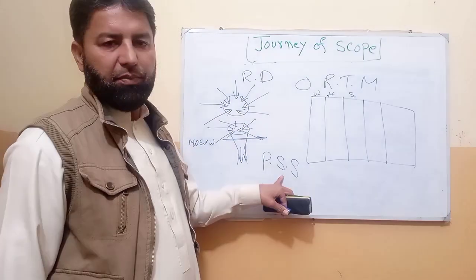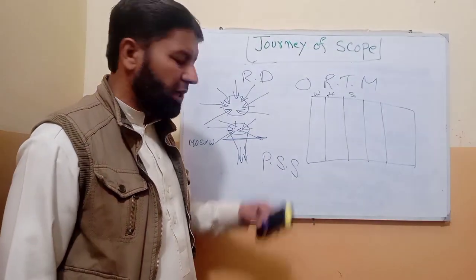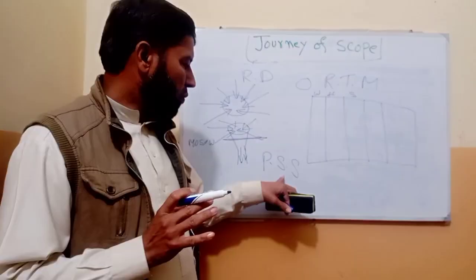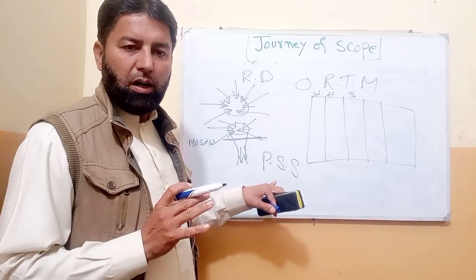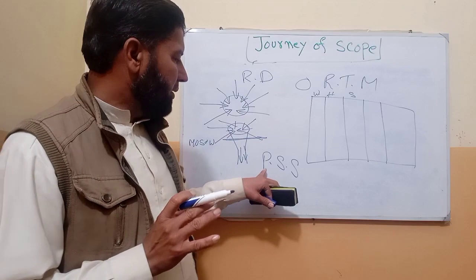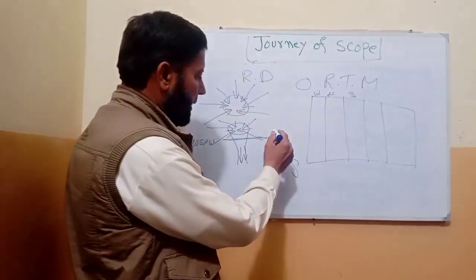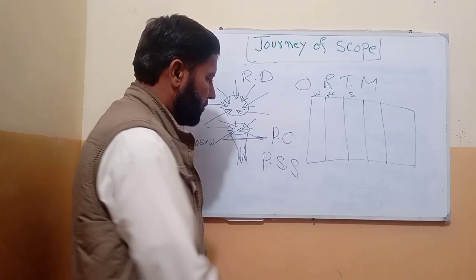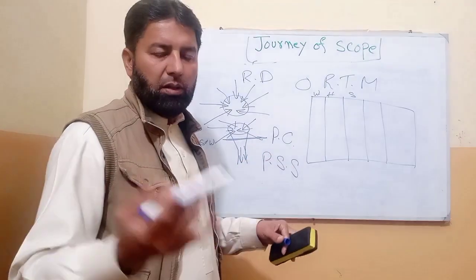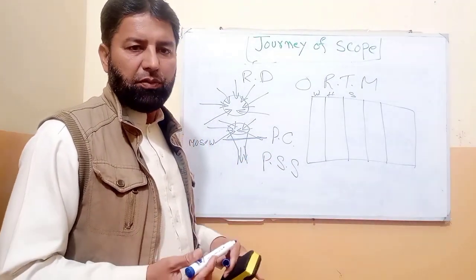This is a very important document. Inside our project scope statement, assumptions, constraints, what we are going to do, what we are not going to do, all the things are mentioned. And there is a big difference between project charter and project scope statement. In the project charter, only one line is given: we will make a house of 200 square feet.